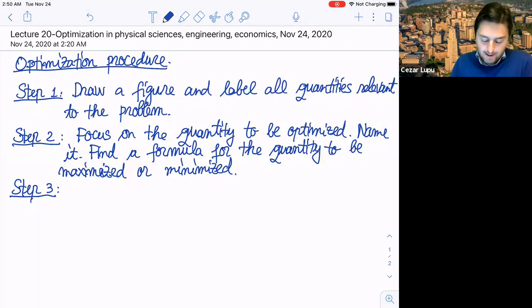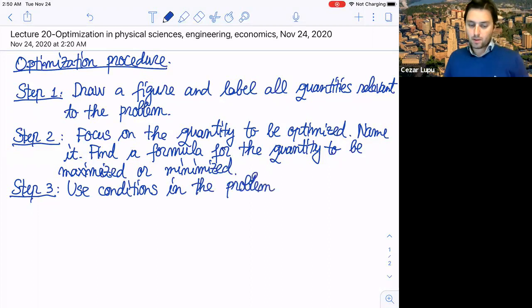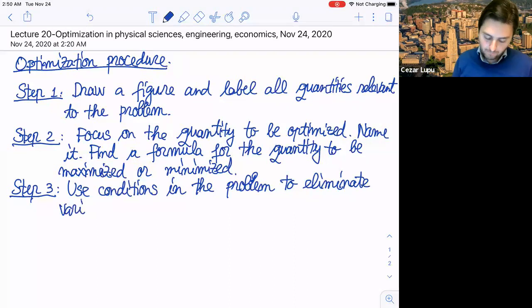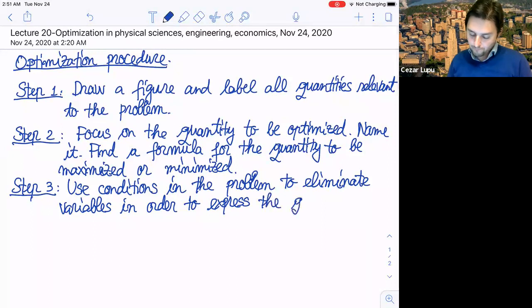So we will use conditions in the problem to eliminate variables in order to express the quantity to be maximized or minimized.